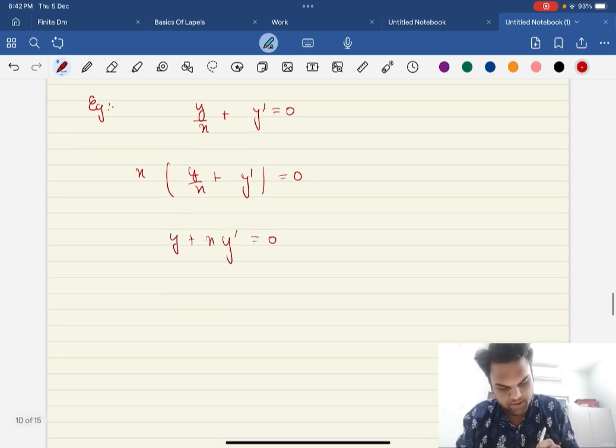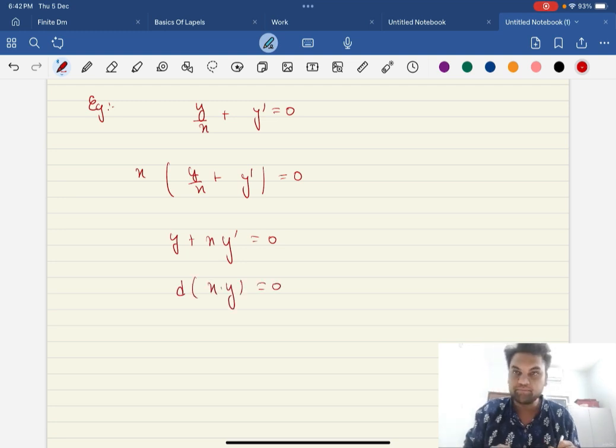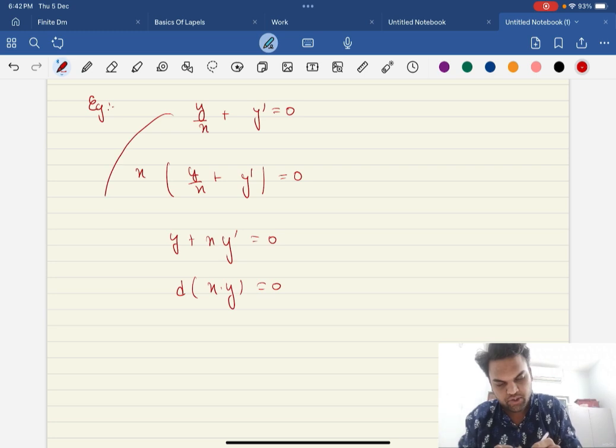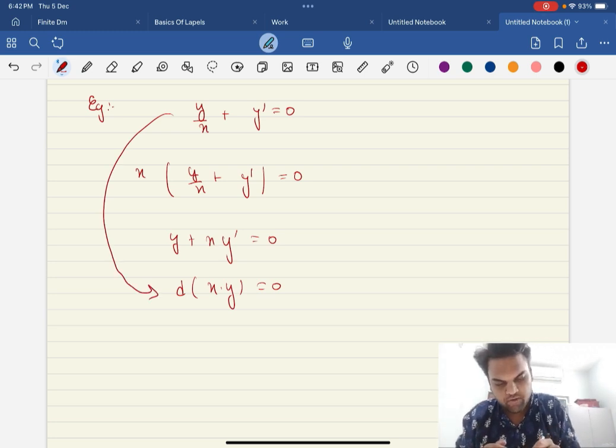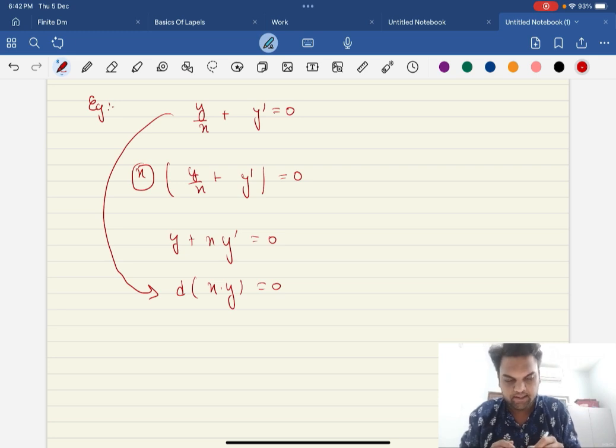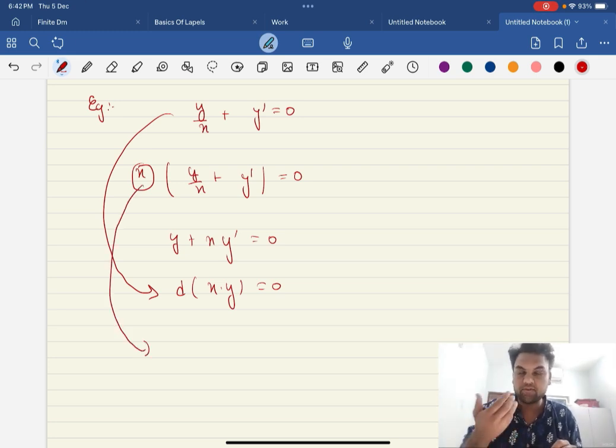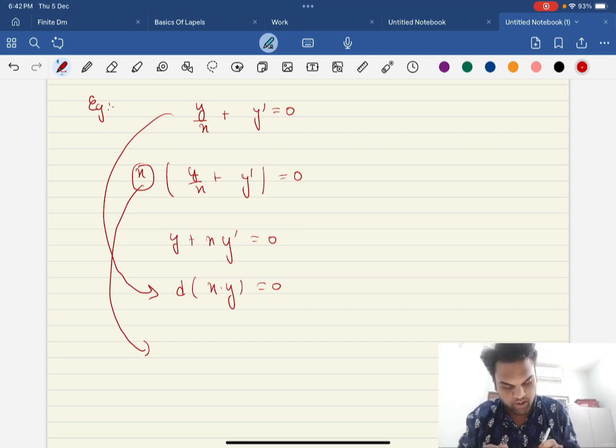Now we can write this as d/dx of (x times y) equals 0. This equation became an exact or perfect differential equation when we multiplied by the function x. Such a function which makes a differential equation exact or perfect, we call an integrating factor.